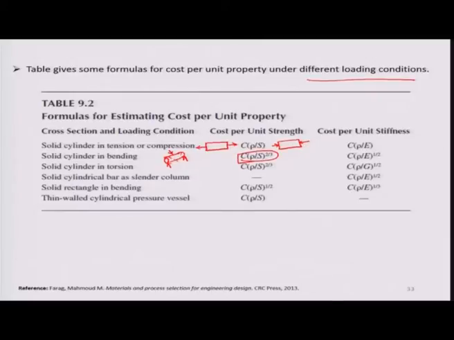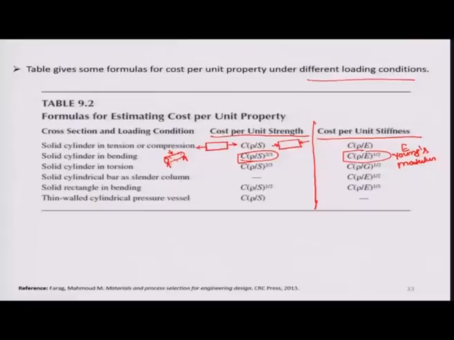If you know the density and yield strength of your material, then you can use this formula, or you can use this other formula if you have Young's modulus. It means you can design for either cost per unit strength or cost per unit stiffness, both are okay. E is the Young's modulus.